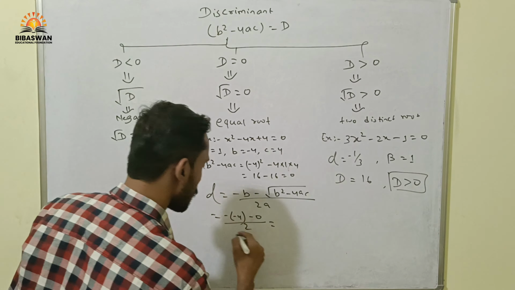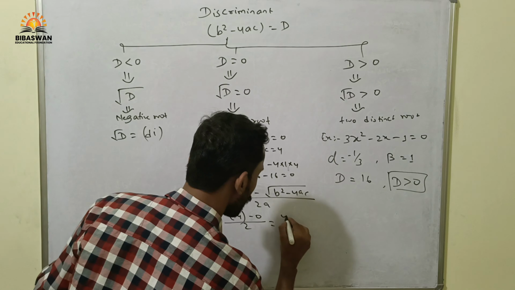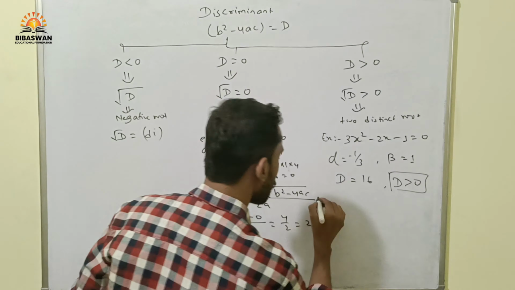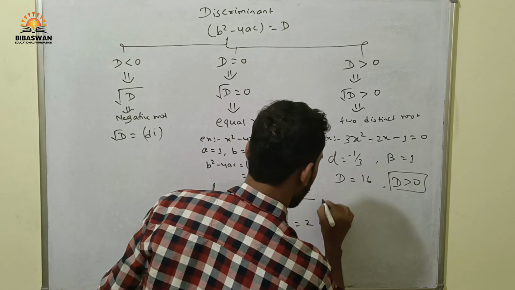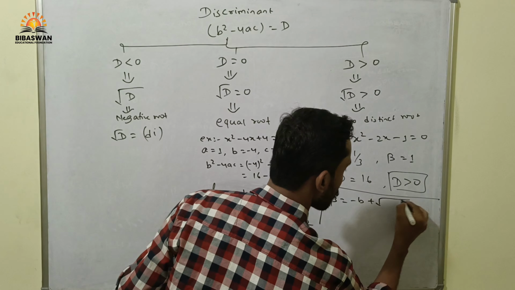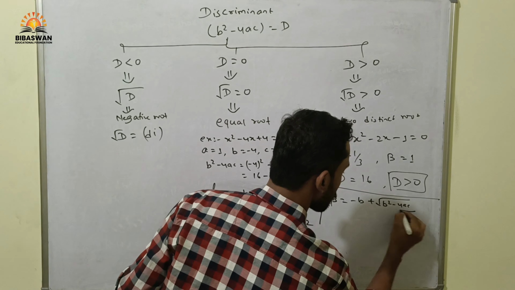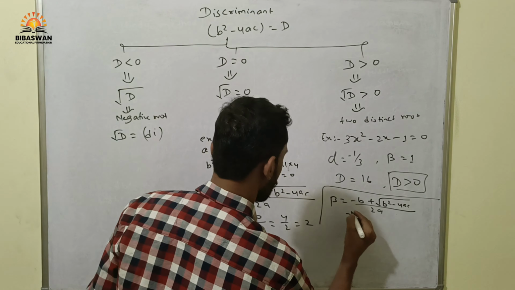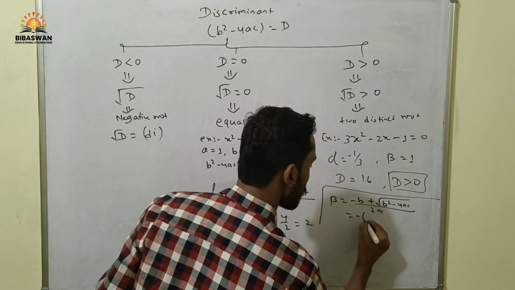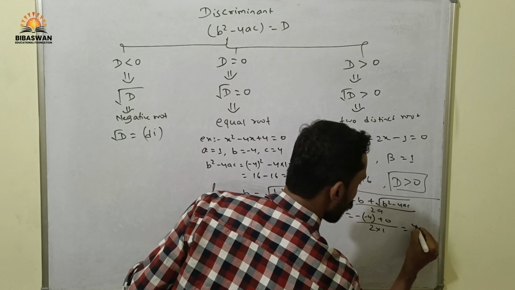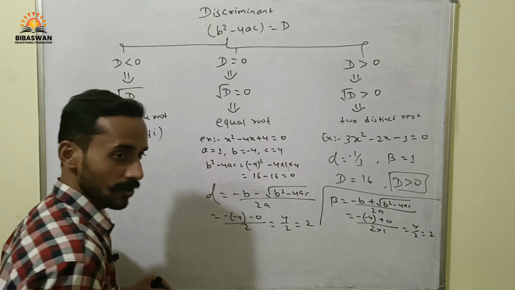Understood? Then it gives the result 4 by 2. What is the result? 2. And beta is equal to minus B plus root over B square minus 4AC by 2a. What is the value of minus B? Minus of minus 4, plus 0, by 2 multiply 1. 4 by 2, it also gives the value 2.